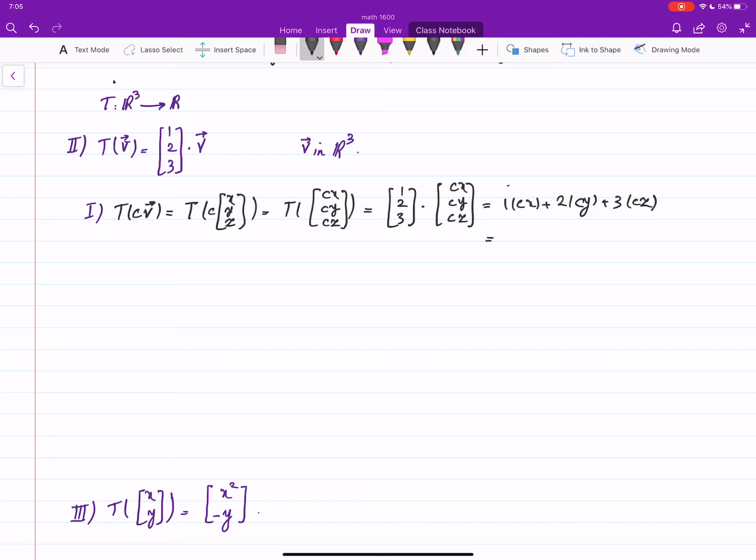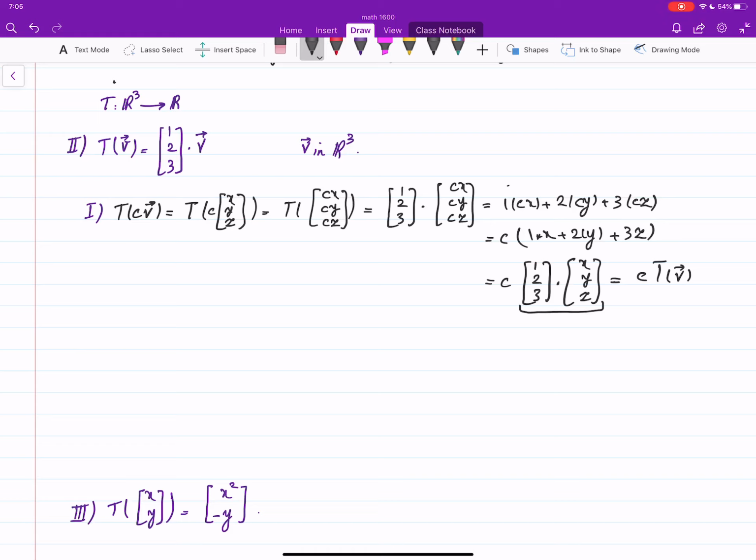But that means that I can factor out C. This is 1 times X plus 2 times Y plus 3 times Z, which is exactly the inner product of (1, 2, 3) and (X, Y, Z). And this part is TV, and that C is scalar multiply.